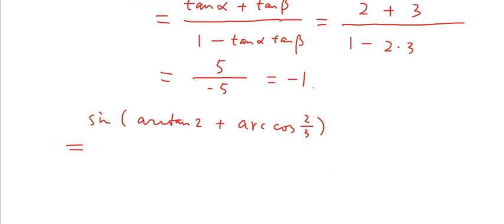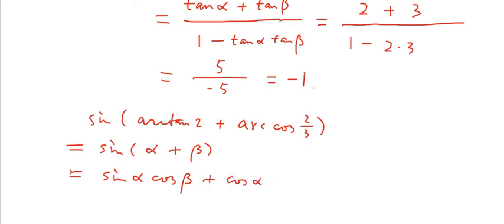Sine of this angle plus another angle. So our first step, we just copy the formula. So sine of alpha plus beta equals sine alpha cosine beta plus cosine alpha sine beta.